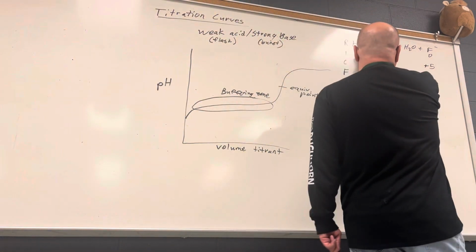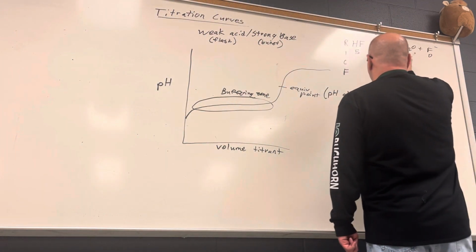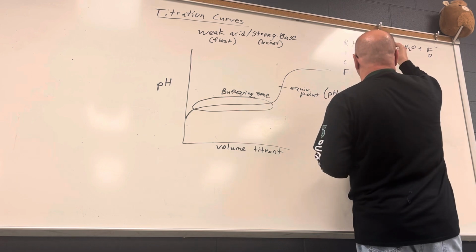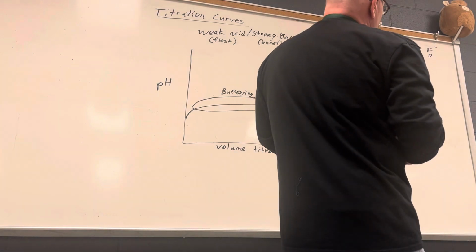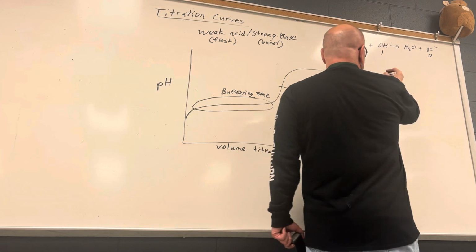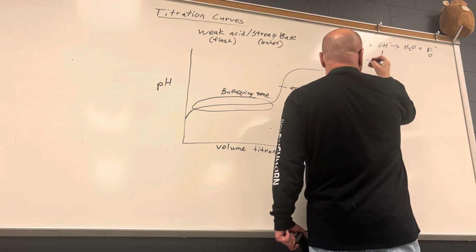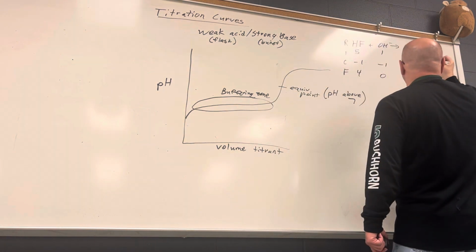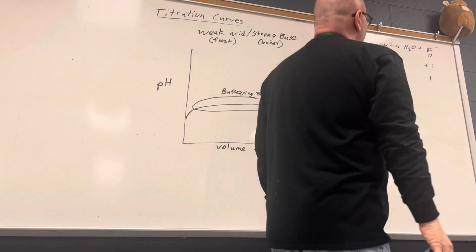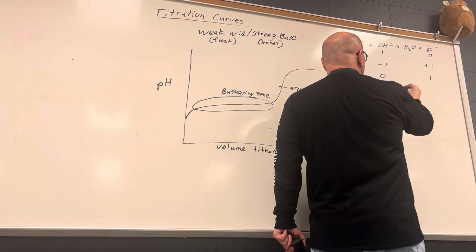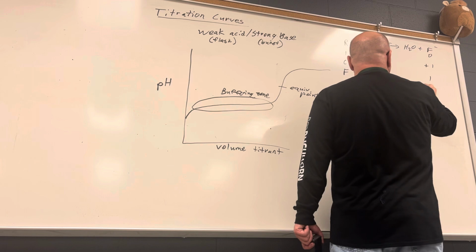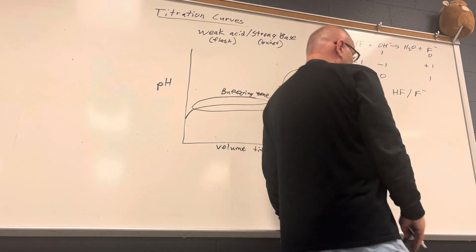So, prior to the equivalence point, we can pick any number for hydroxide. I'll just take 1. So this is hitting 0. Now what do we have present? We have HF and we have F minus. What type of pair is this?